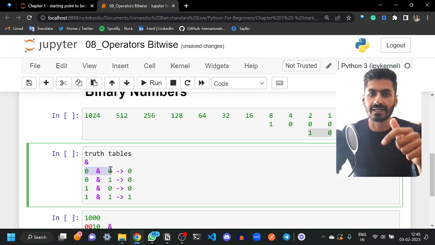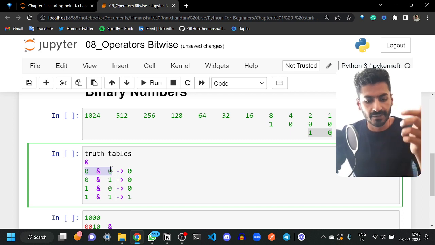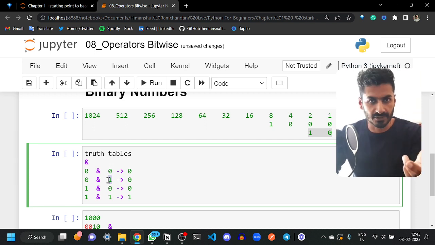What do those golden lines carry? Electricity, and electricity is the flow of charge. If the charge is flowing, we consider that as 1. The system doesn't know about 1s and 0s. It only knows high voltage and low voltage, whether the charge is flowing or not. If the charge is flowing, we consider it as 1, and if it is not, we consider it as 0.